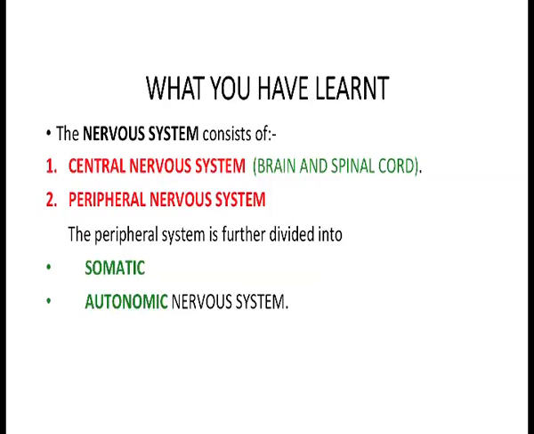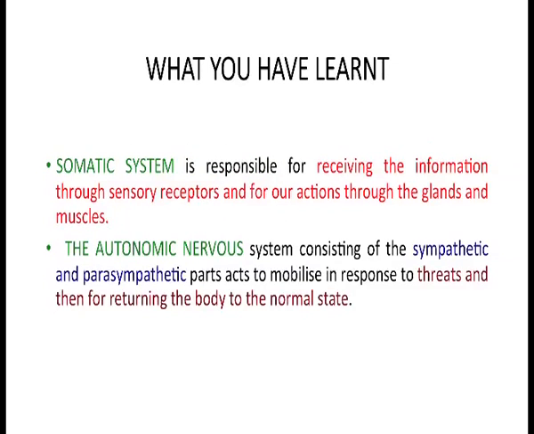We also talked about the peripheral nervous system, which is further divided into the somatic and autonomic nervous systems. The somatic system is responsible for receiving information through sensory receptors and for our actions through the glands and muscles. The autonomic nervous system, consisting of the sympathetic and parasympathetic parts, acts to mobilize in response to threats and then returns the body to the normal state.